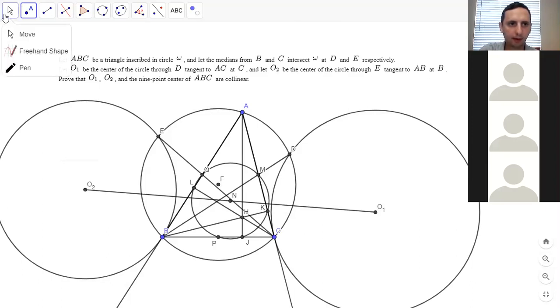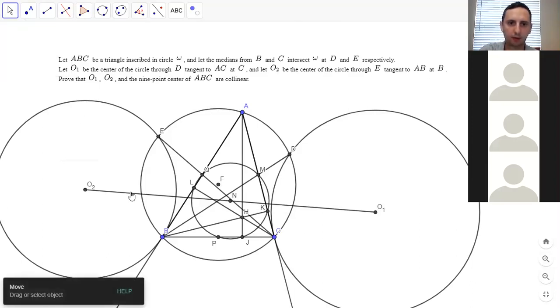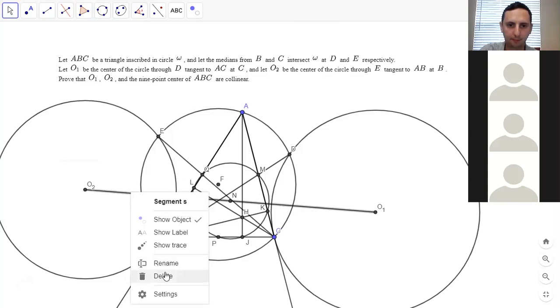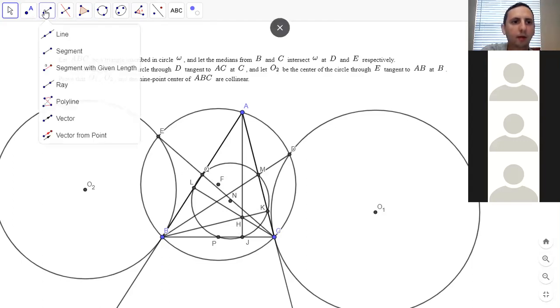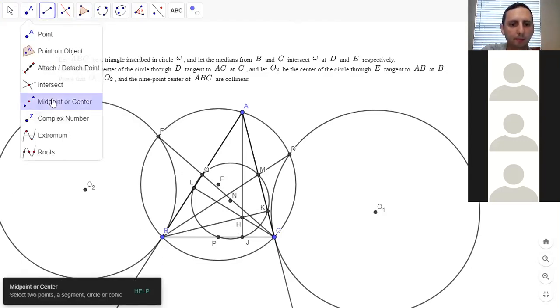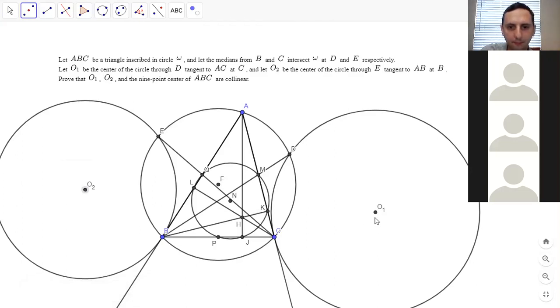Let me delete this segment just because we're trying to prove it, but yeah, so we want to show that. Hold up. Could you draw the midpoint of O2, O1? I think it will be N. Okay.